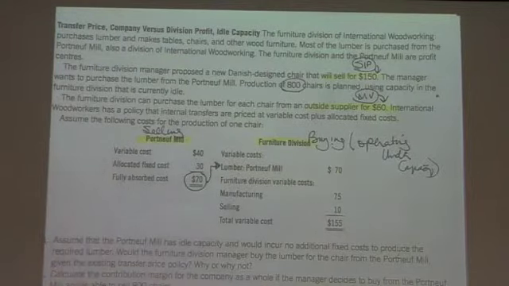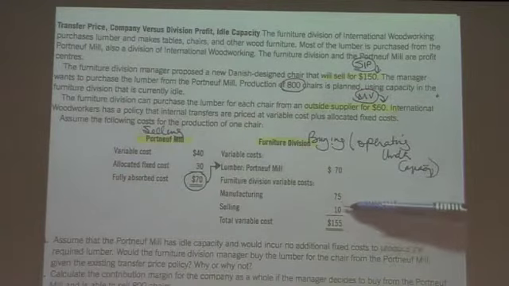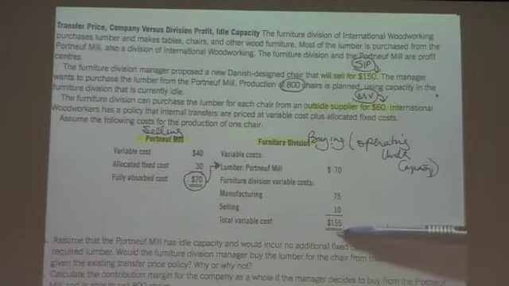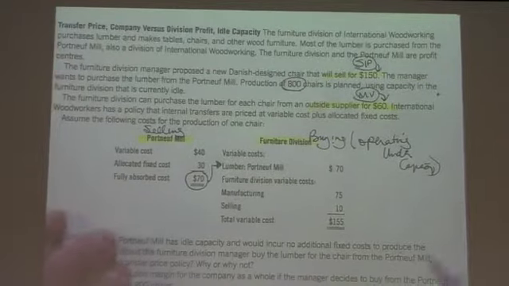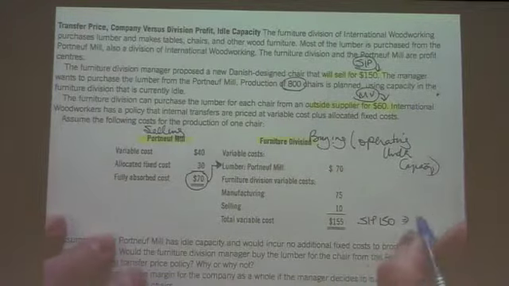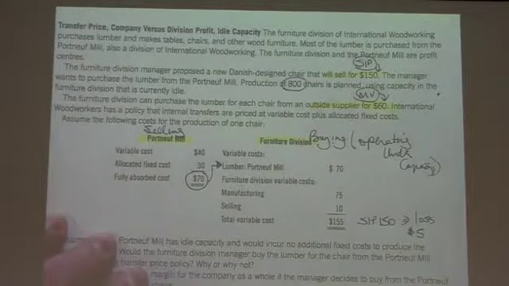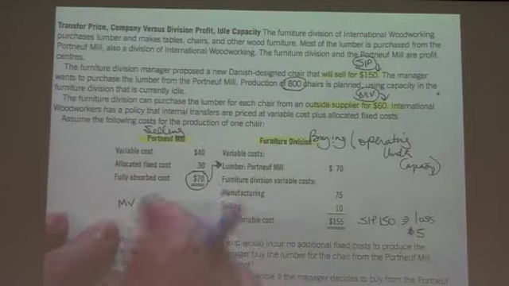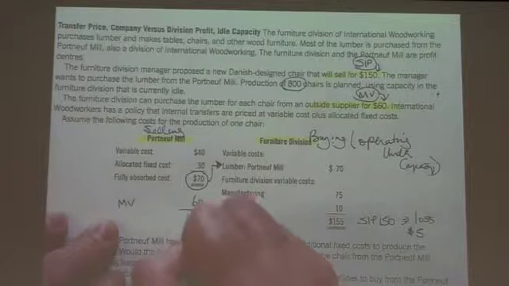So looking at the numbers, you'll see that the furniture division, when we add the $70 to it, plus the $75, plus the $10, it looks like the cost is $155, which is much higher than the selling price. So you've got sales price of $150 to give us a loss of $5. Okay? Now, the market value for the raw material is $60. So they have a loss of $10 here.